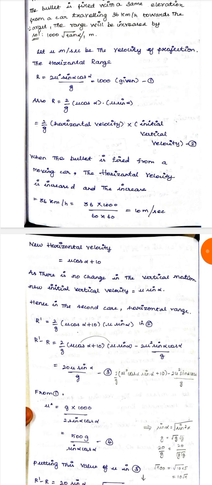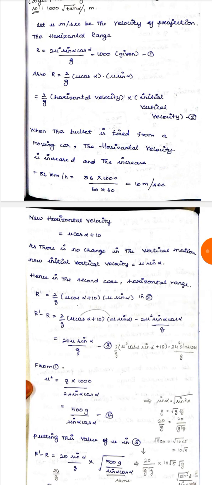The range is changed to R dash. R dash, the new horizontal range, equals 2 by g into u cos alpha plus 10, the increased horizontal velocity, into u sin alpha, since the vertical velocity has no change. This is equation 3.